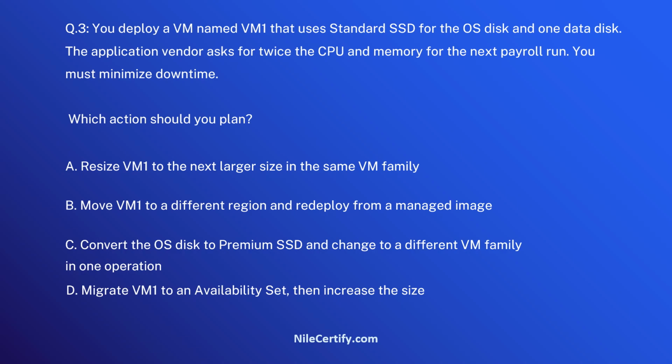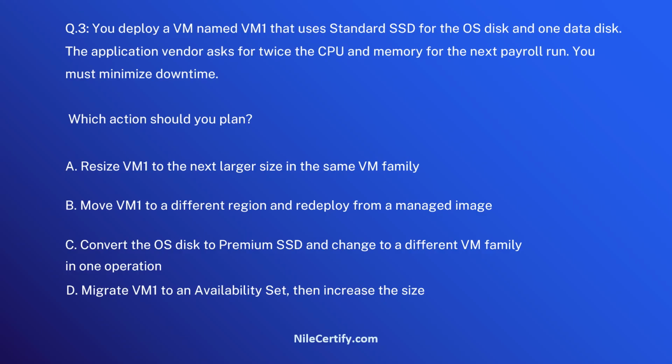A. Resize VM1 to the next larger size in the same VM family. B. Move VM1 to a different region and redeploy from a managed image. C. Convert the operating system disk to premium SSD and change to a different VM family in one operation. D. Migrate VM1 to an availability set, then increase the size.